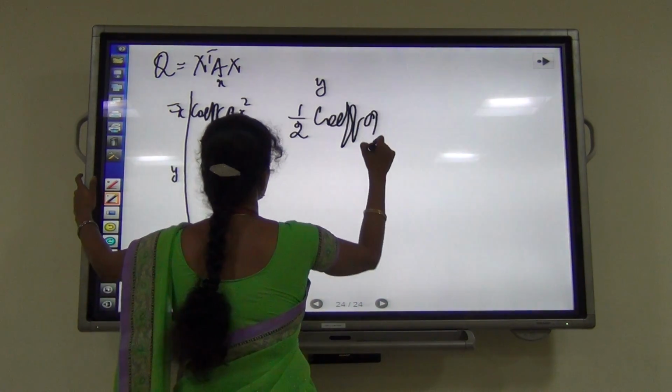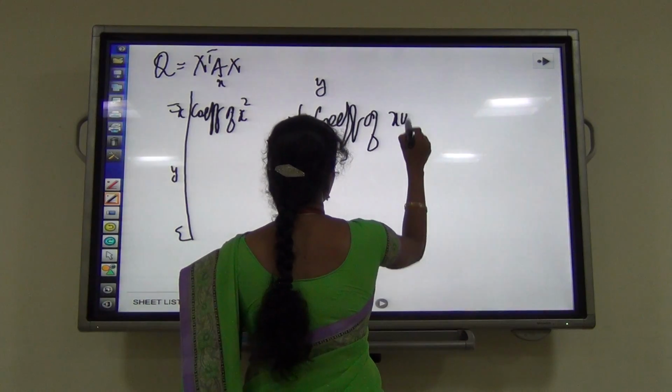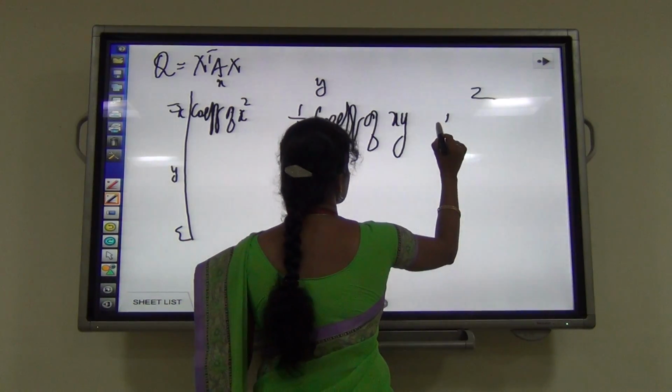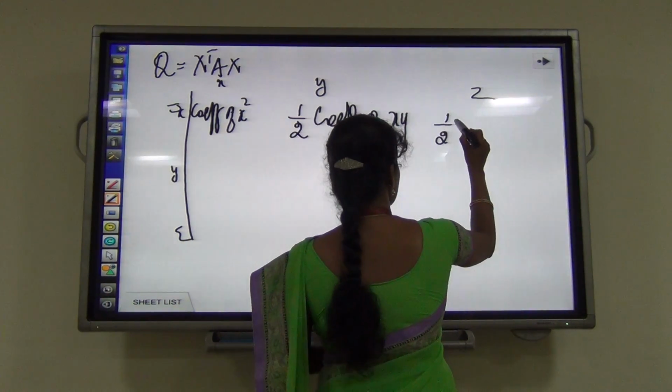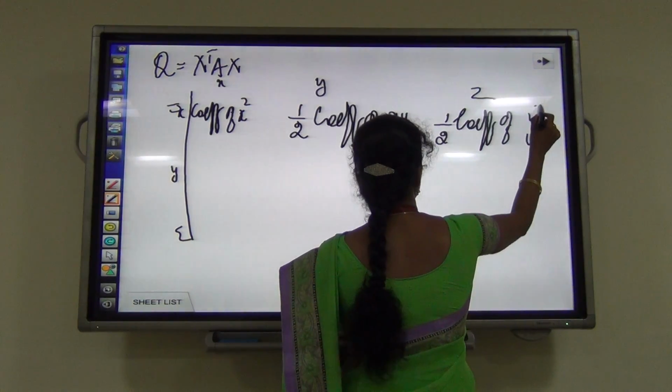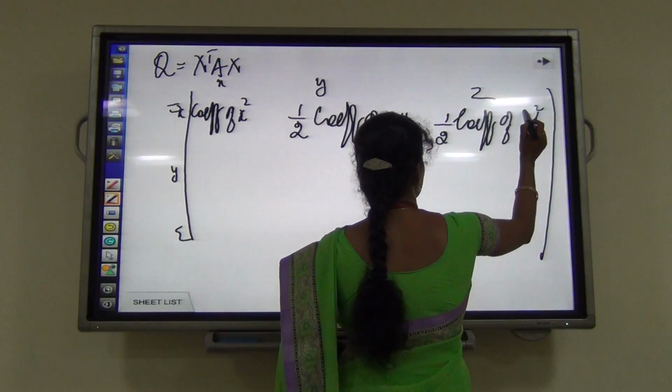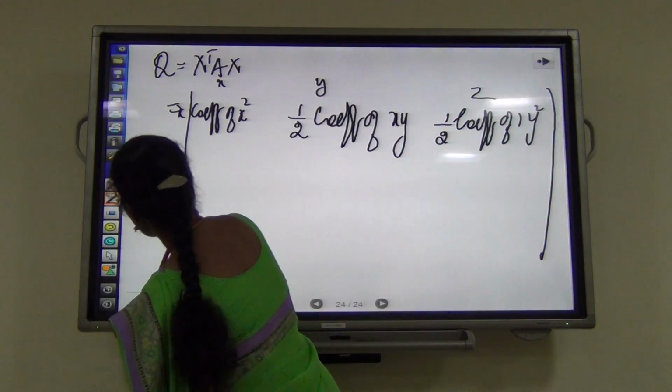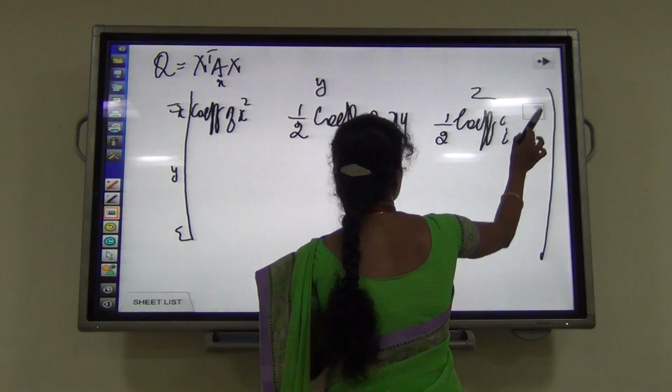coefficient of xy. Here it is z. It is half coefficient of y square, I'm sorry. What is the coefficient here?